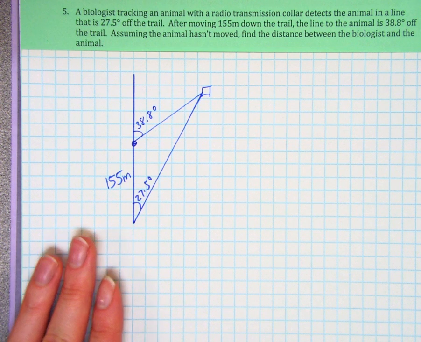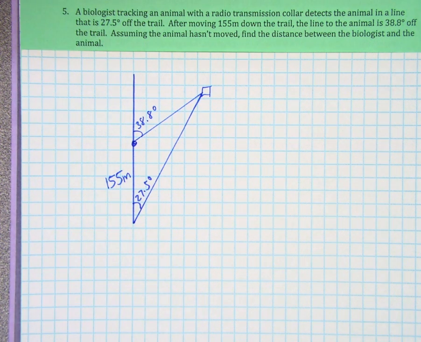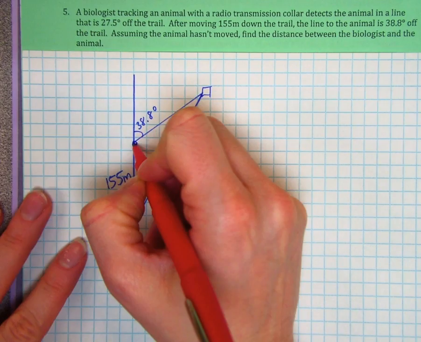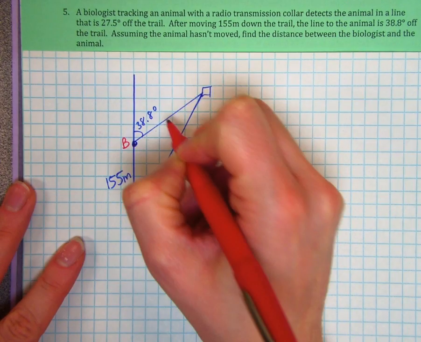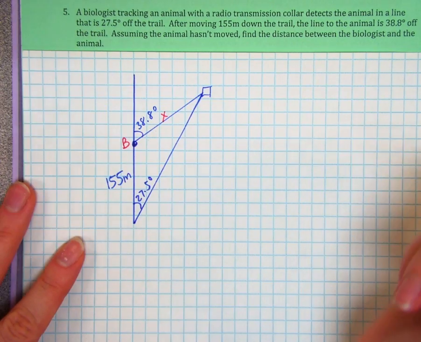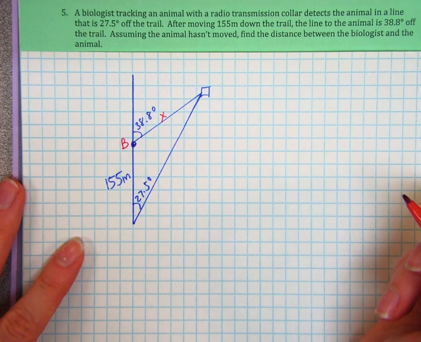Assuming the animal hasn't moved, find the distance between the biologist and the animal. So let's fill in the pieces that we know and what we want. At this point, this is where the biologist is, so we want to know the distance between the biologist and the animal. We're looking for this side of the triangle.